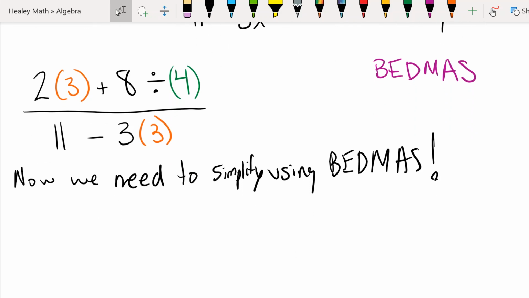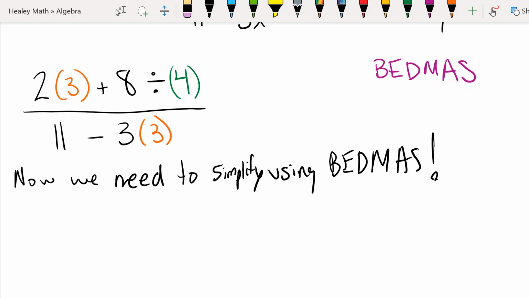If we follow the procedure, we look for brackets. Yes, I see brackets here, here, and here. However, we cannot simplify inside the brackets, so we simply move on to exponents. I do not see exponents. Next, we will move to division or multiplication.